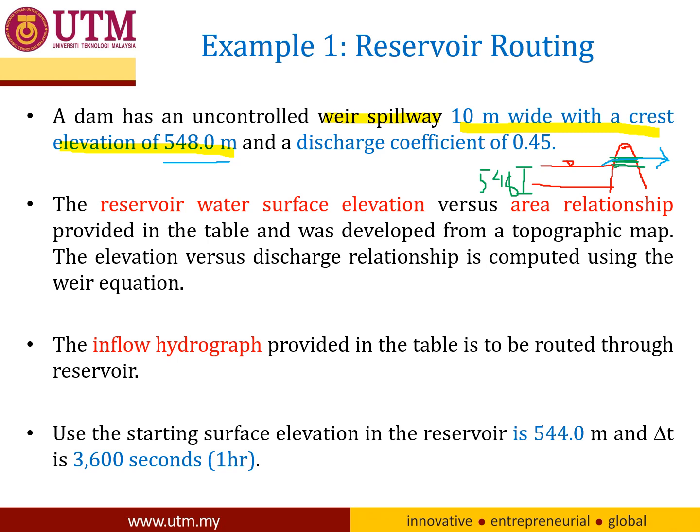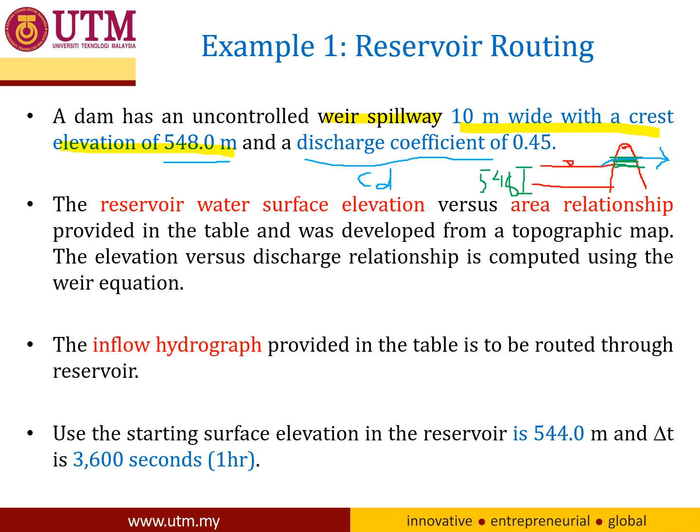Okay, and then there is another piece of information here, a discharge coefficient of 0.45. This is used to determine the relationship between the outflow and the head. I think it's CD, maybe CD 0.45. It depends on the hydraulic structure. You want to know this coefficient to determine the outflow if you have a certain head.